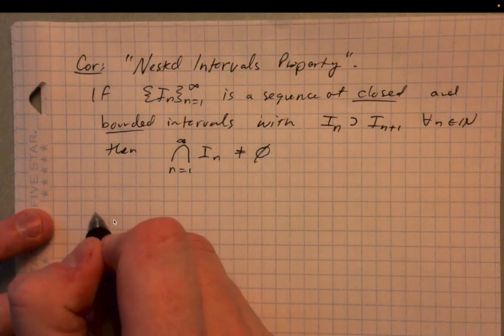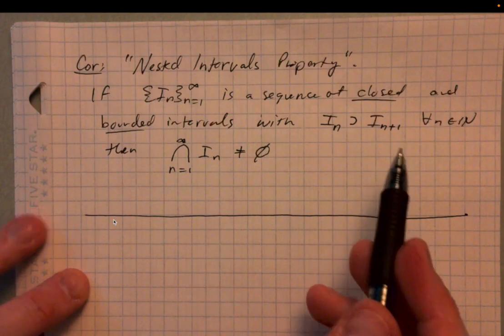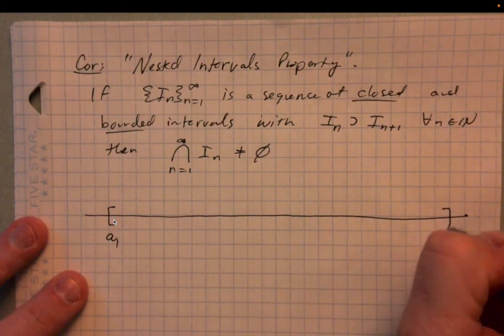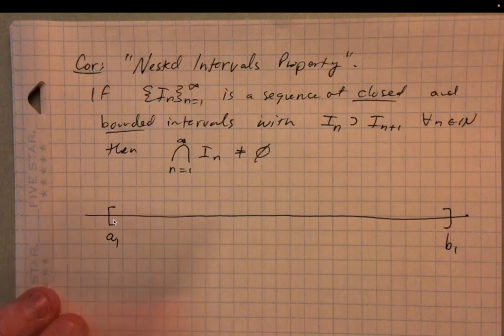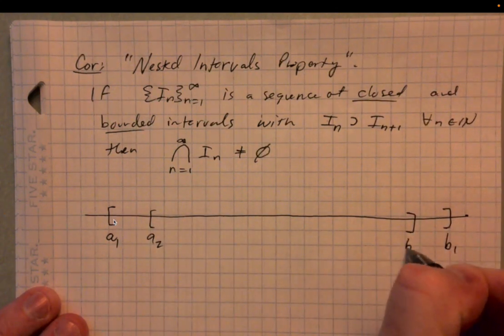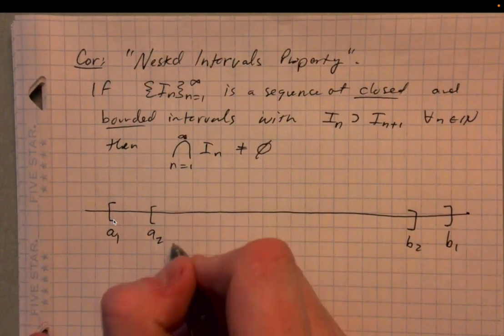This is really easy to visualize if you draw it. When you write it out, it may not be as clear. But let's think about an interval like this. I've got A1, B1. So this would be interval 1. And then inside of that interval, I have another one, A2, B2, and so on.